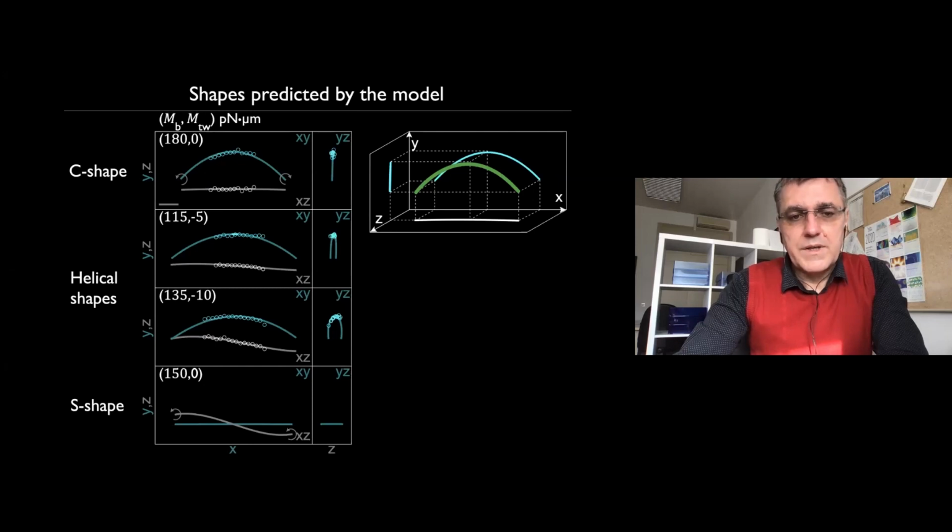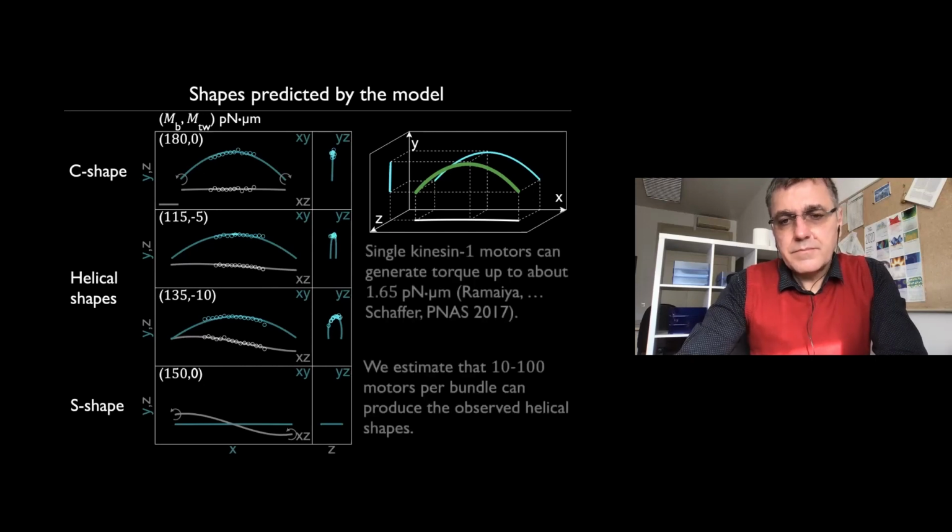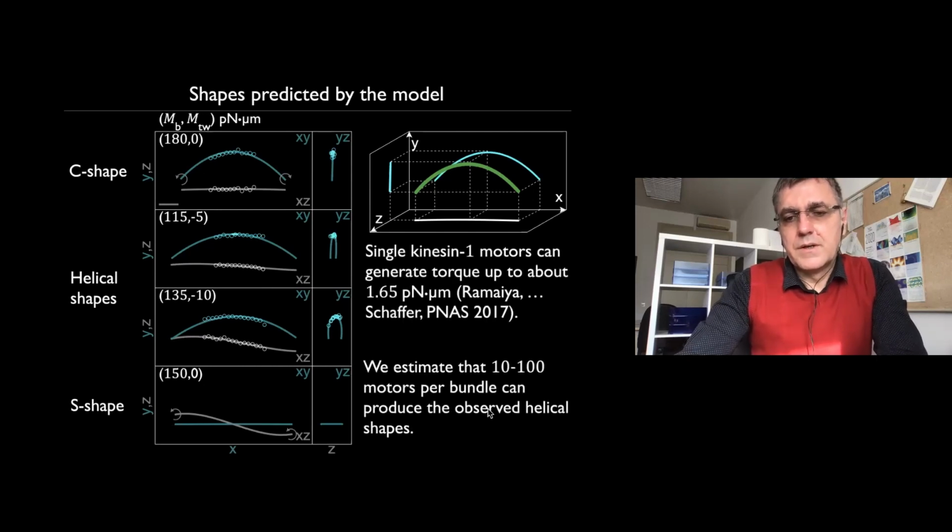So one can really explain this variety of shapes by having this bending moment and slight twisting moment present in the spindles. Of course, one can ask what type of molecules can exert twisting moment.